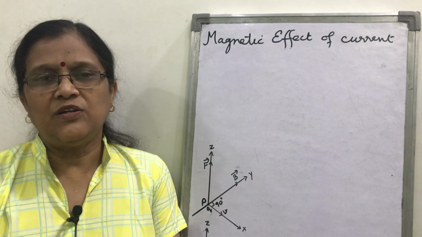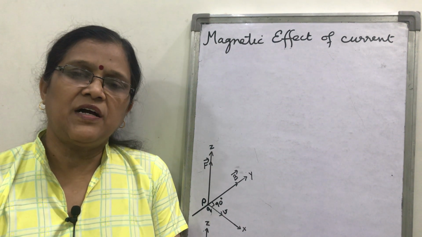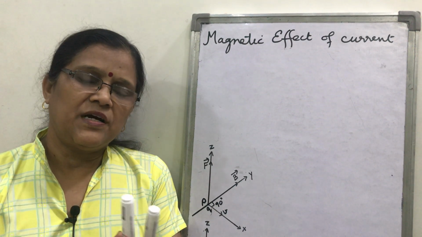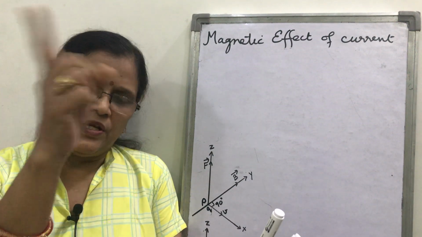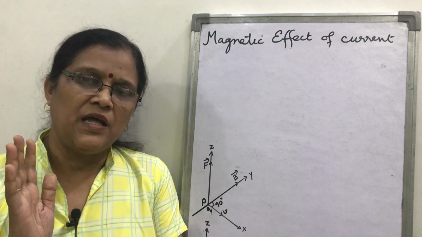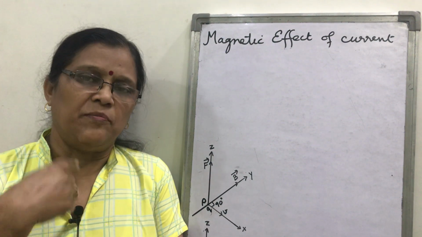Today I will discuss the Lorentz force. Previously we have seen that if current is flowing through a conductor, there is a magnetic field around it, whether the conductor is straight, circular, or of finite length, and we have seen the derivations using Biot-Savart's law and Ampere's circuital law.